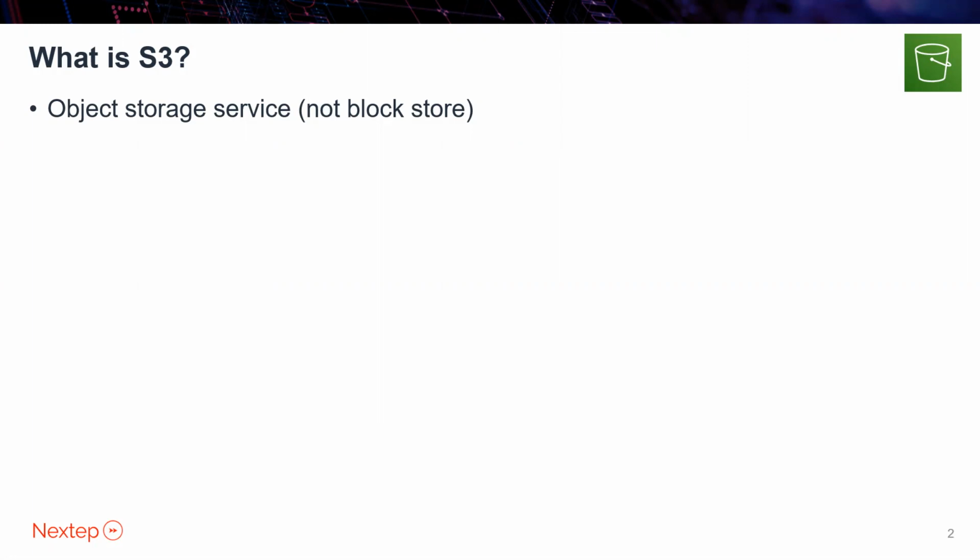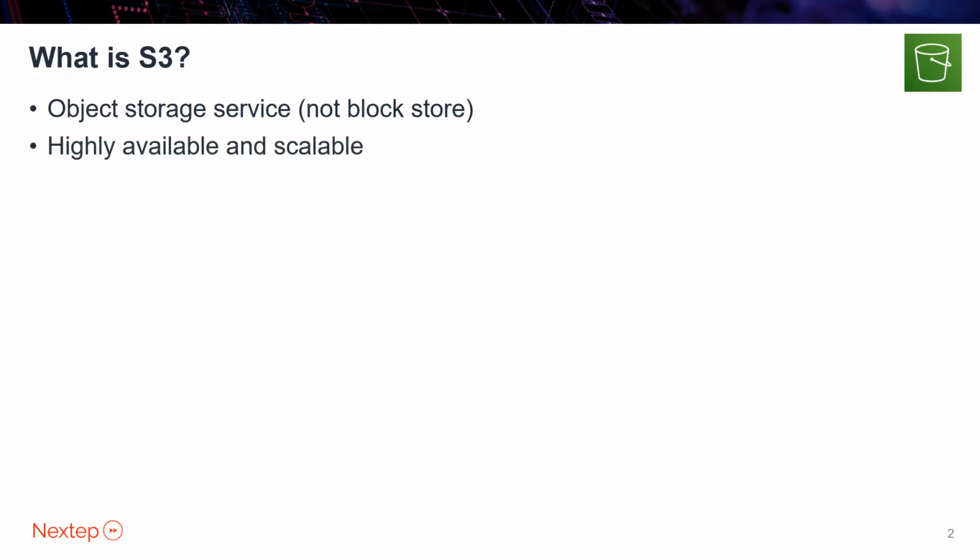Object store is like having an external hard drive. This is where you can store your pictures, videos, documents, any other data for that matter. But you will not be able to install an operating system and run a compute service on it, like running an EC2 instance. You can do that with block storage. It's a pure storage service. Keep that in mind, and it's object storage.